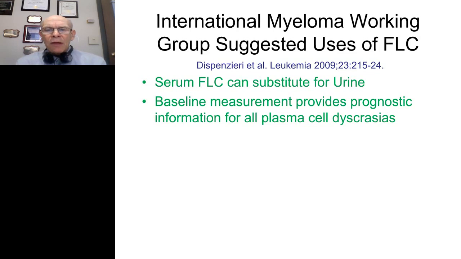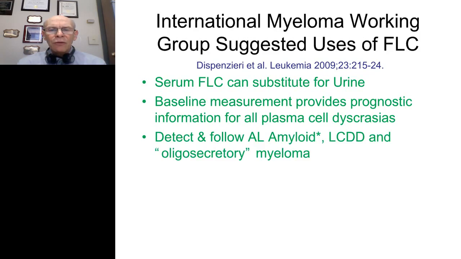Secondly, the baseline measurement of the serum free light chain test at the time of initial detection provides useful prognostic information for all plasma cell dyscrasias, myeloma, Waldenstrom's, or MGUS. Further, it is very useful to detect and follow AL amyloid, light chain deposition disease, LCDD, and oligosecretory myeloma.